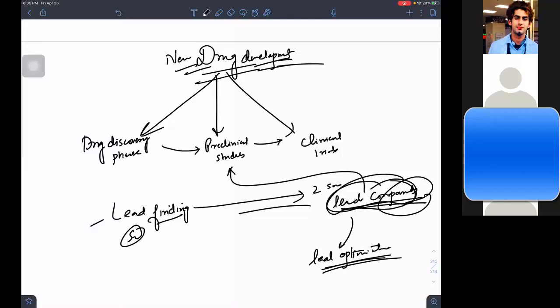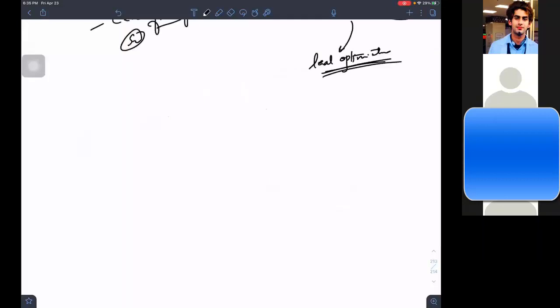So once you reach the lead compound phase, you are now going into the phase of preclinical studies. By what thing will you say that a drug is a drug?